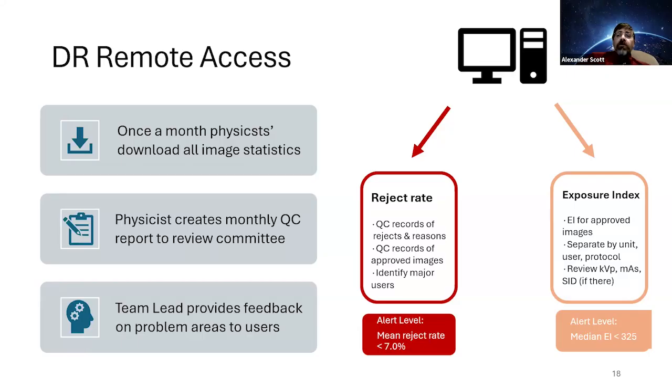So I'm downloading the statistics from the station. It provides information on images that were made, images that were rejected, what the techniques were, what was the exposure index. So we're providing metrics to the QAPI committee on how often images are rejected, and by user and by protocol, what are the doses.